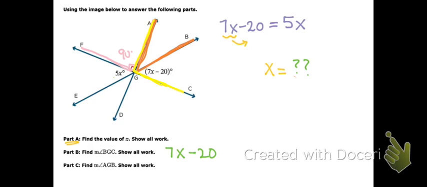So the orange angle plus this green angle would equal 90 degrees. So remember in part B, you're figuring out what the green angle is. Let's say the green angle ended up being 45.